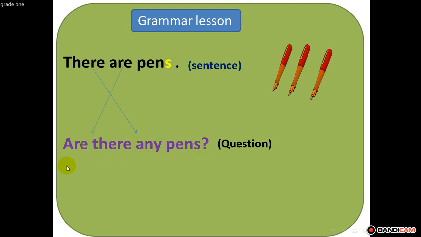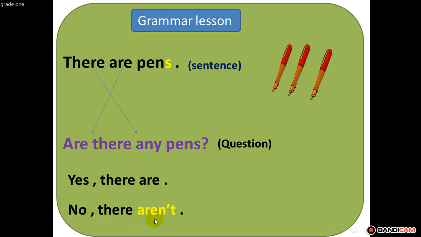If we want to answer, we answer with yes or no, because this is a yes or no question. So I'm going to answer with yes, there are. If the answer was no, I have to say no, there aren't.